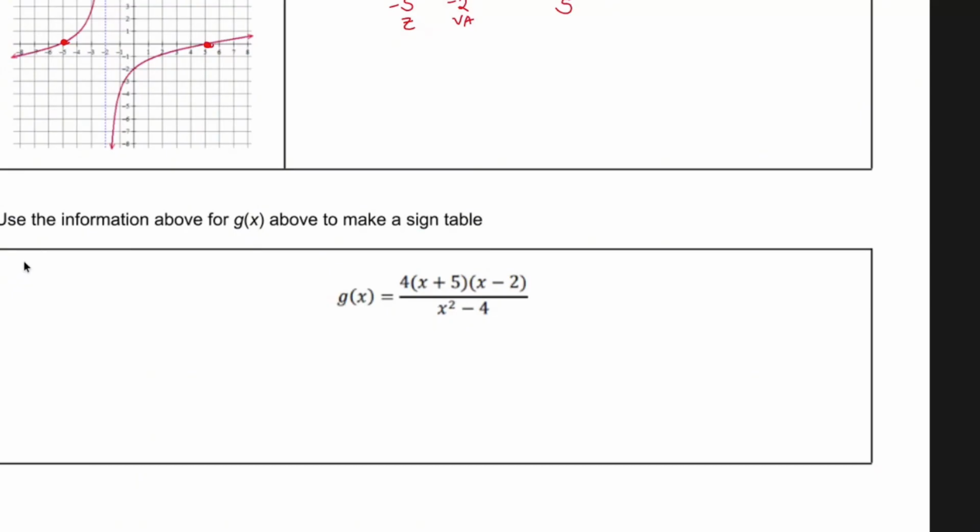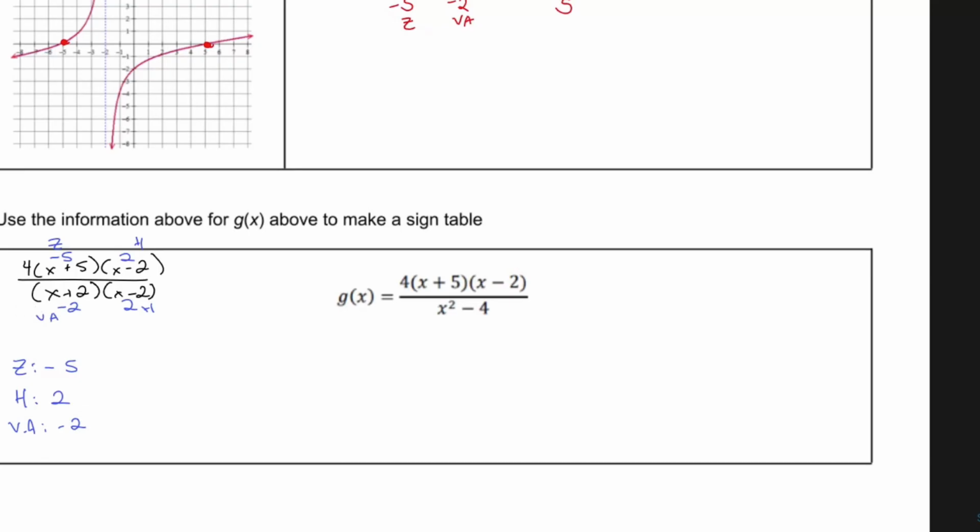Okay, I have 4x plus 5, x minus 2 over x plus 2, x minus 2, so I have magic numbers at negative 5, at regular 2, at negative 2, at regular 2. You are a 0, you are a hole, you are a hole, and you're a vertical asymptote. So we have zeros living at negative 5, we have holes living at 2, and we have vertical asymptotes living at negative 2.